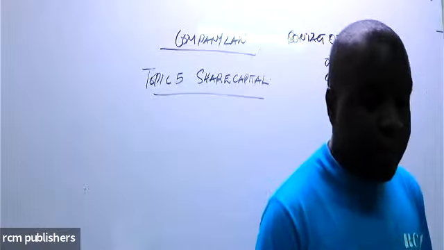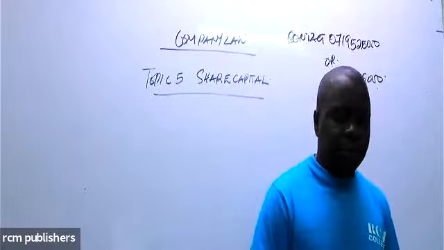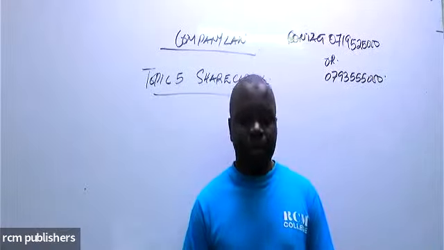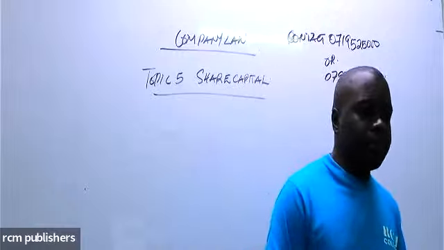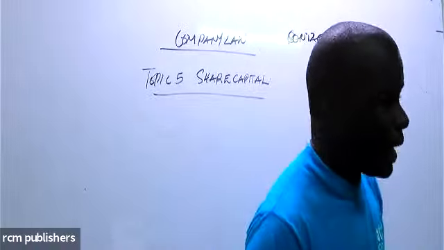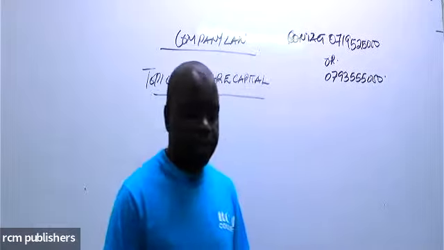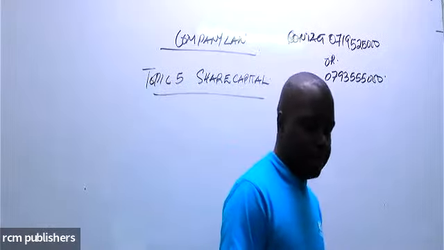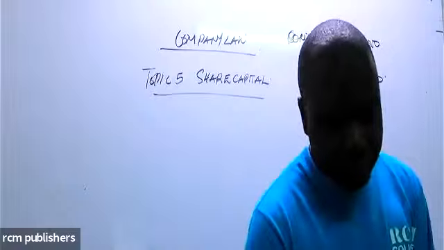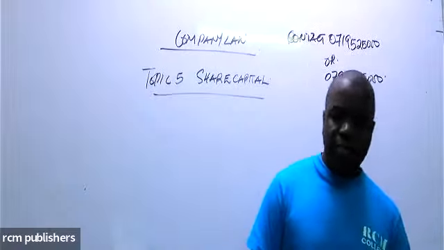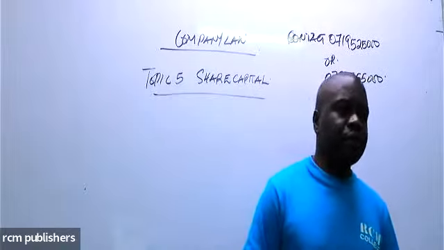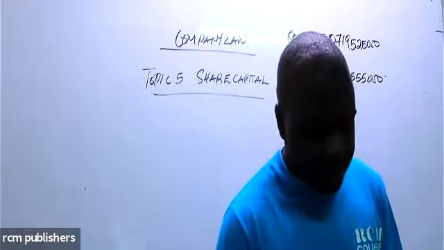And in any case, if the company is raising share capital to venture into a major project, they'll also have to attach a special report on that. So it can be part of the information that can be relied upon by a potential investor who is buying shares in the company.